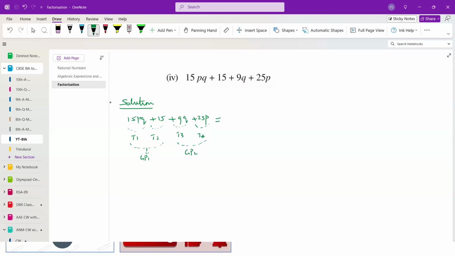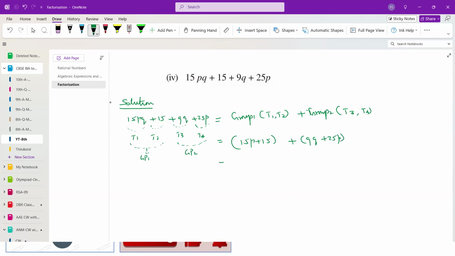So this is equal to group 1, term 1, term 2, plus group 2, term 3 and term 4. That means it is equal to 15pq plus 15 within a bracket as group 1, plus 9q plus 25p within a bracket as group 2.